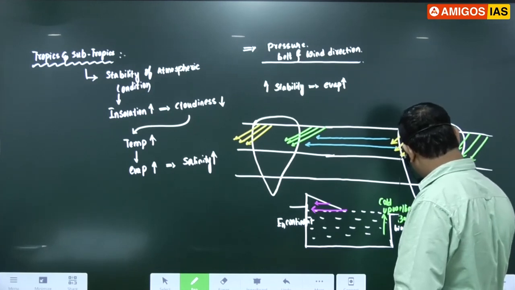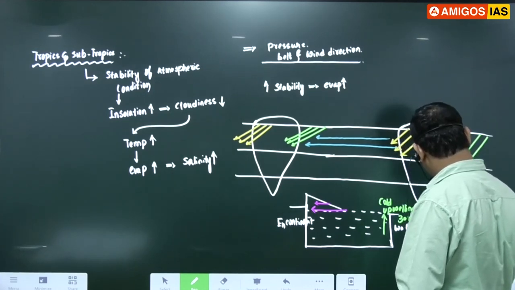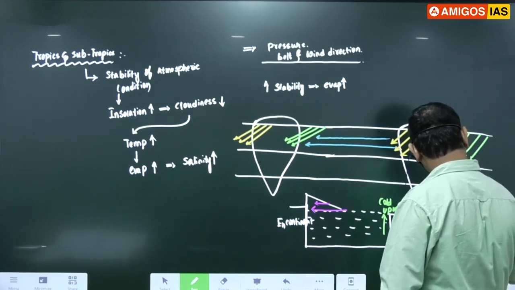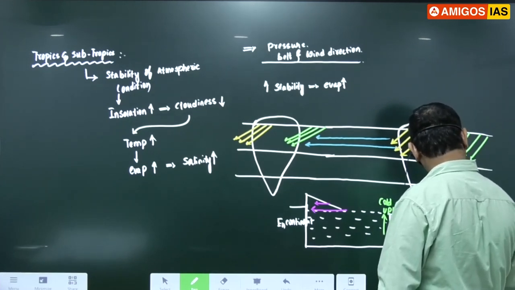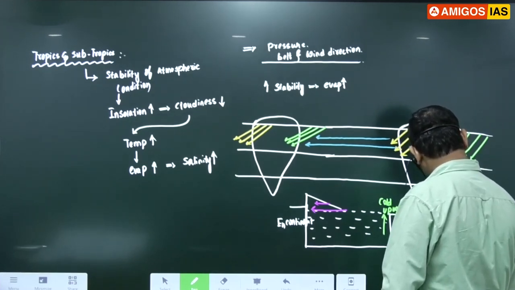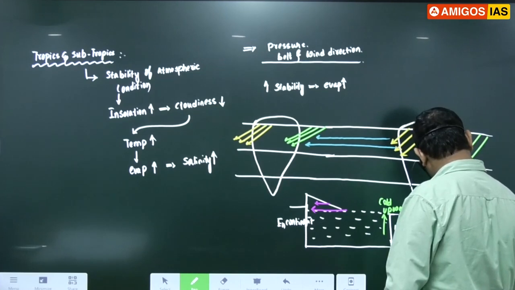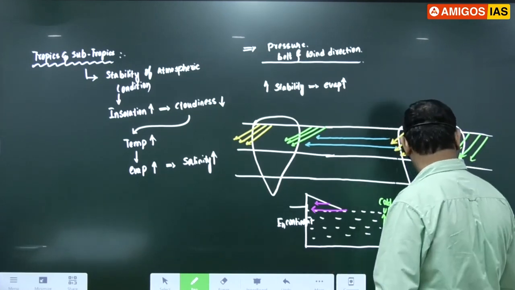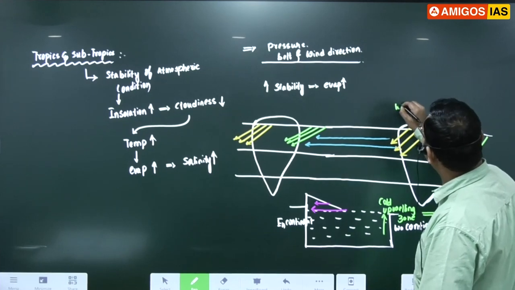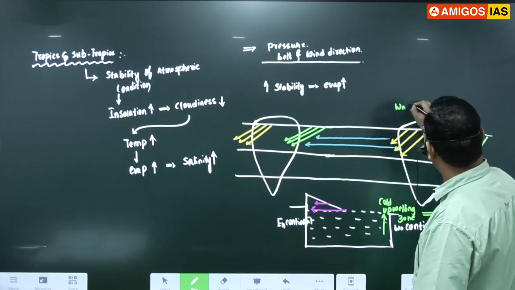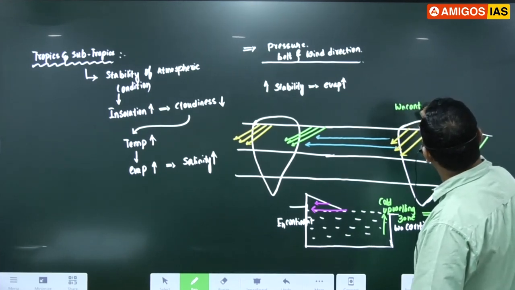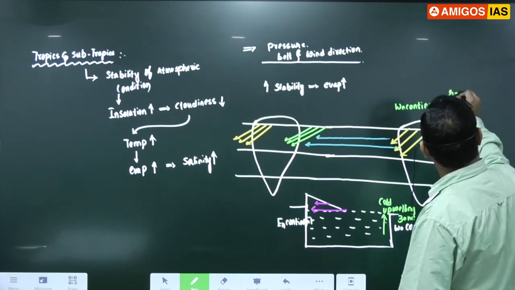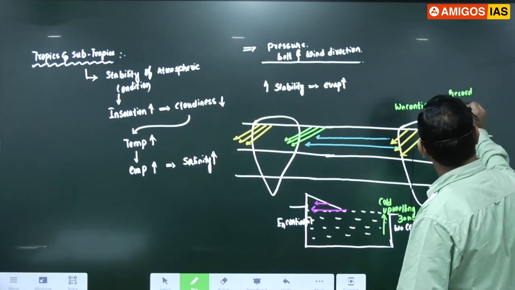If there is a cold upwelling zone, temperature should decrease, increase? Temperature decreases. Evaporation decreases. Salinity decreases. So, western continents record less salinity.